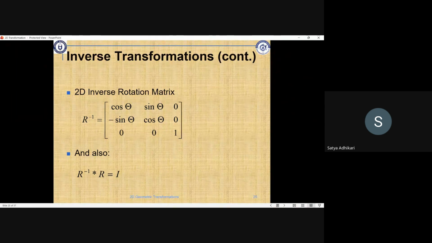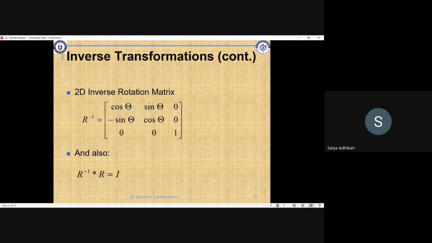That is, if you take the transpose of the matrix, you will get the inverse. You need not find the inverse of the rotation matrix. You only take the transpose, because only the sine function is affected, and the cos function is not affected. If you take the inverse of this, it will exactly become your rotation matrix. So whenever you calculate the inverse of a rotation matrix, you only take the transpose of the matrix.